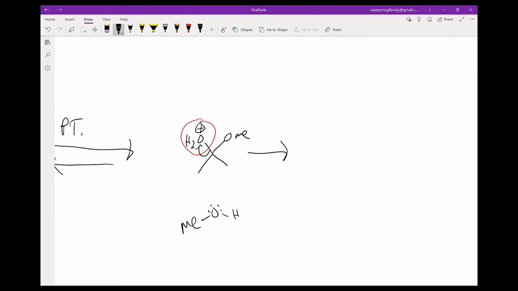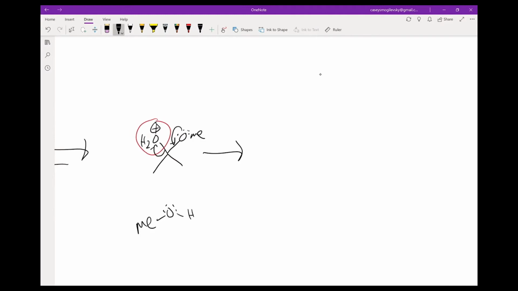Okay, so what we can do is we can eliminate this and get electron density to come down from this oxygen and get this species right here. Now this is going to be not an equilibrium reaction because there just isn't a lot of the water that's being produced from here.